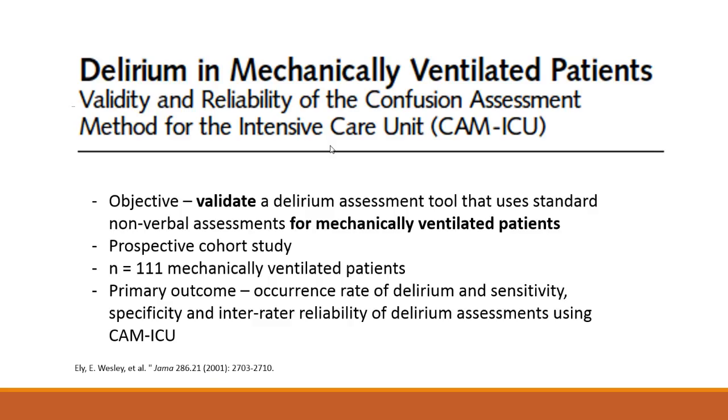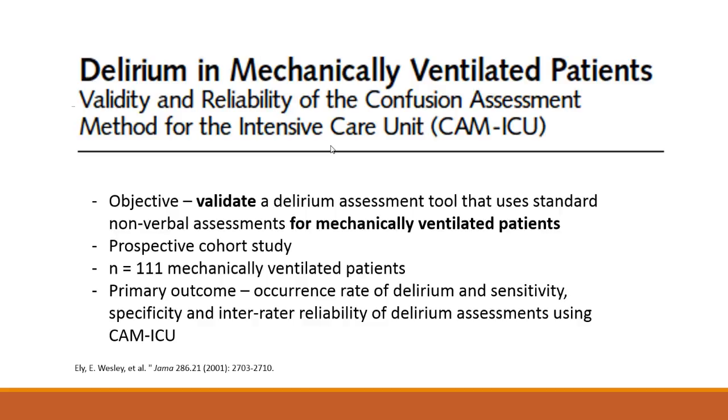The next study was done by the same group, and this was back in, again, 2001, and this specifically sought to validate it in ventilated patients. So the first study looked at all comers in the ICU, ventilated and non-ventilated patients. So this subset was strictly patients who were on mechanical ventilation. And they sought to validate the CAM-ICU in that subset of patients.